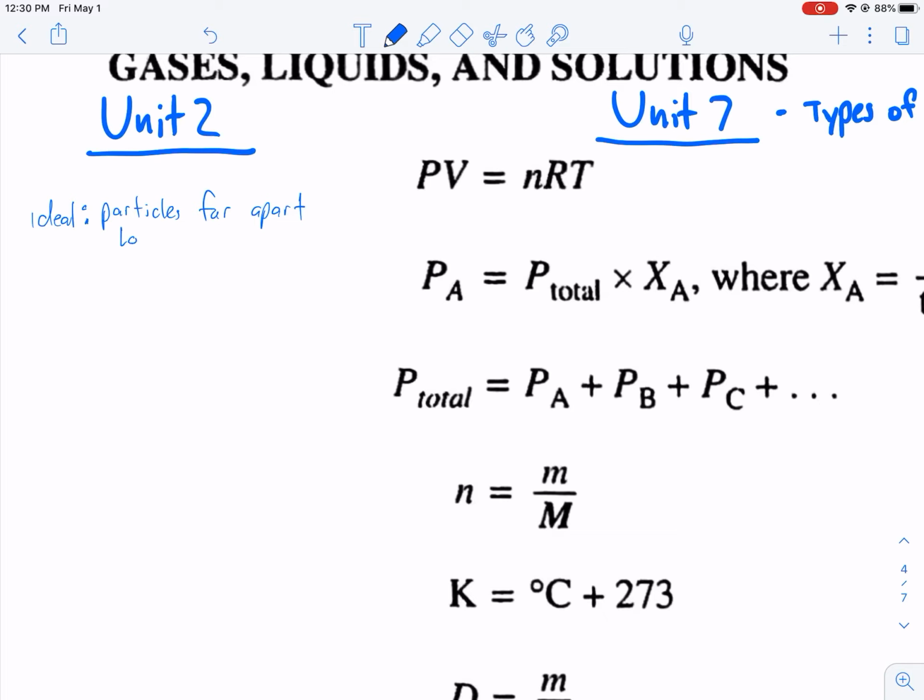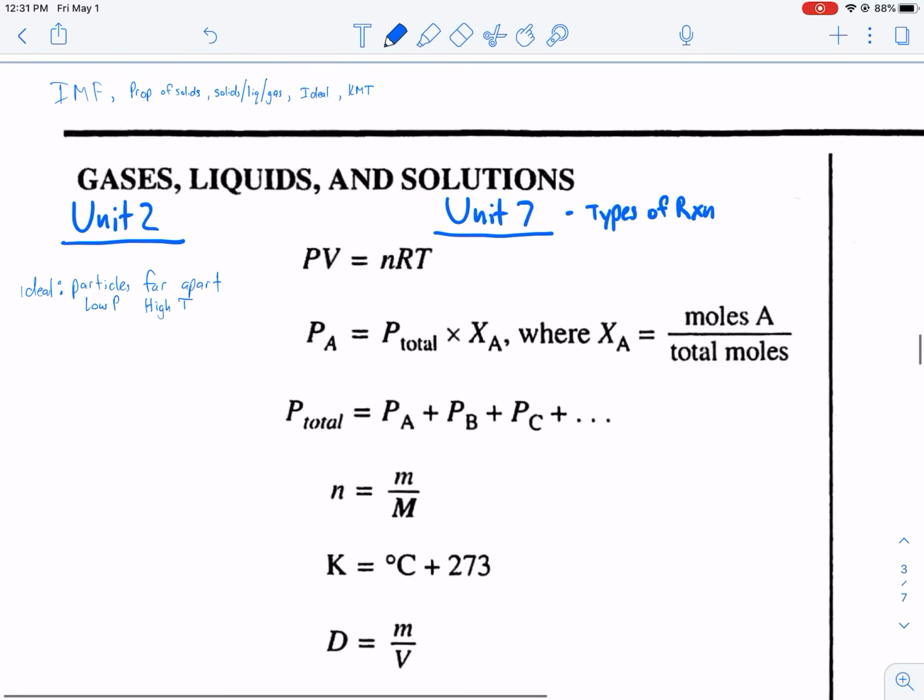That would be low pressure and high temperature, right? If you raise the pressure too much, you push the molecules close together, you get what we call a real gas. Remember that with a real gas, these laws are going to stop working.